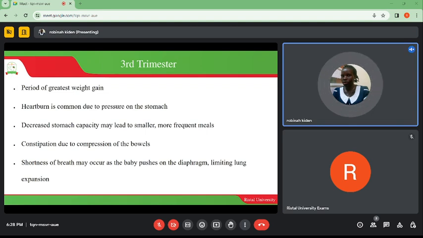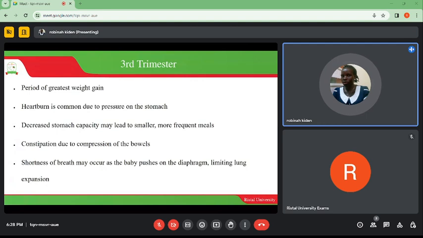Then constipation can also occur, and this is because of compression of the bowel, since there is expansion, as a result, it can lead to constipation.